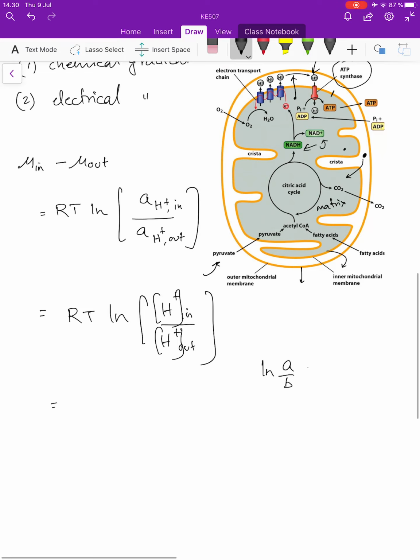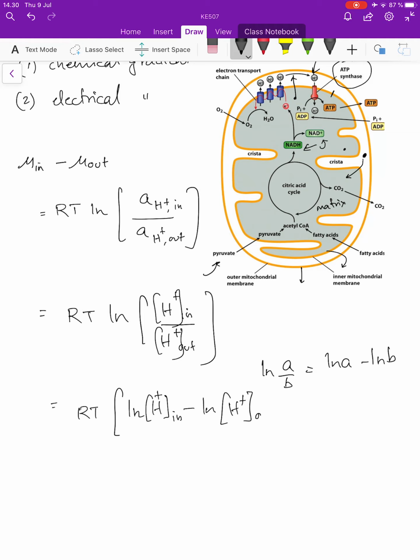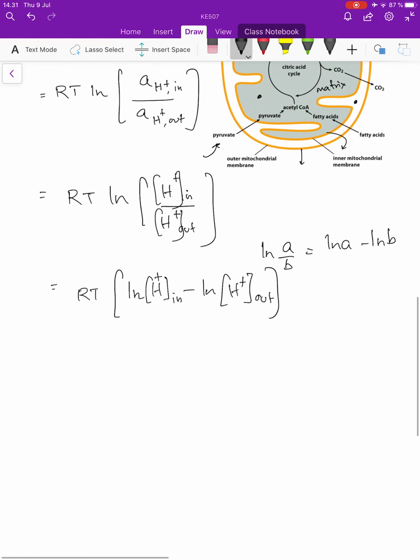And since log A by B equals log A minus log B, I can write this as RT [ln concentration inside minus ln concentration of protons outside]. When I say inside, I mean the concentration inside the matrix, and when I say outside, it means the concentration of protons in the intermembrane space.